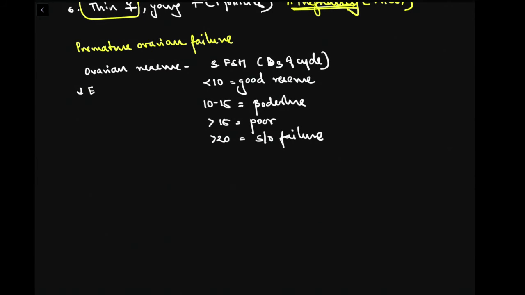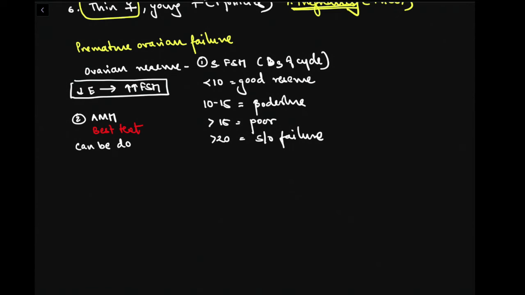What happens is in anovulation, due to decrease in estrogen, there is loss of the negative feedback on FSH, and therefore it increases. First is serum FSH, second is AMH, and it is the best test to measure ovarian reserve. Right? It can be done on any day of the cycle.